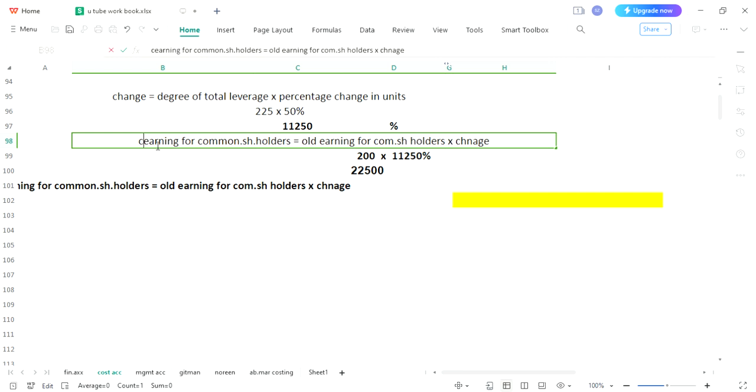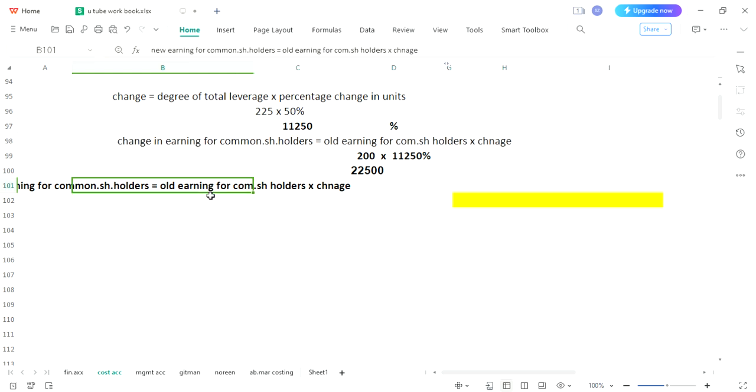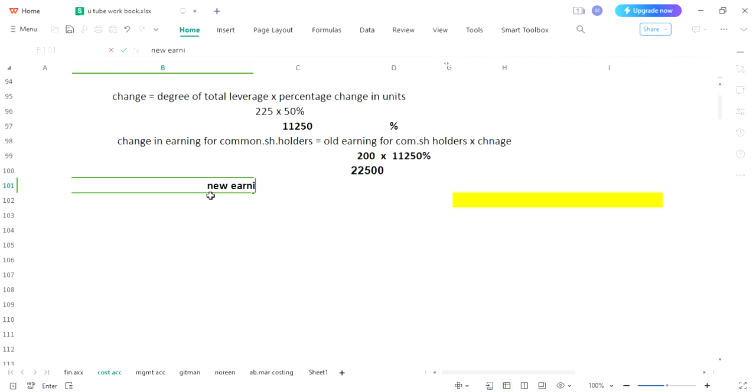So change in earning for common shareholders, and now you will be calculating your new earning available for common shareholder. How you will calculate it?